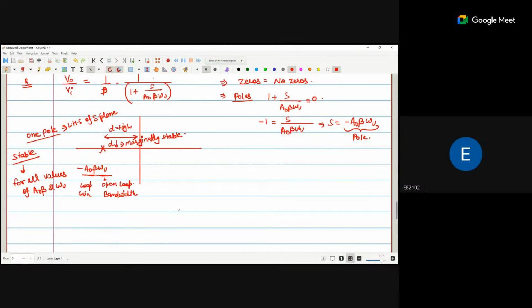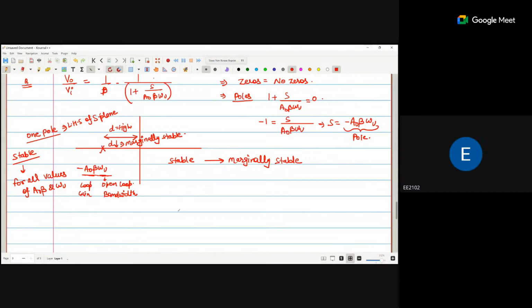It will go from stable to marginally stable; it will not become unstable.